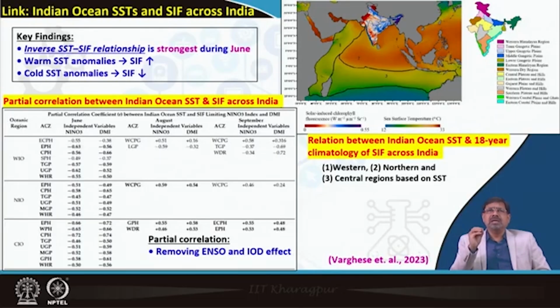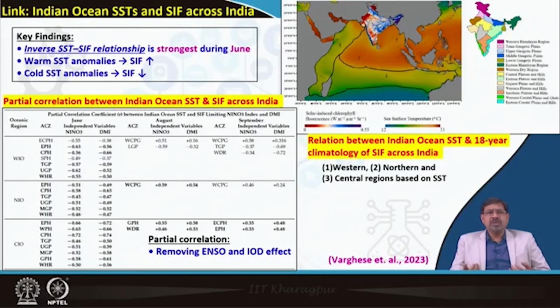So, what does it mean? This actually depicts the relationship between the Indian Ocean SST and the climatology of SIF in terms of the Indian subcontinent. This has already been published by Varghese et al. She is the first author, and this is her PhD work from our group, and she did a lot of analysis.